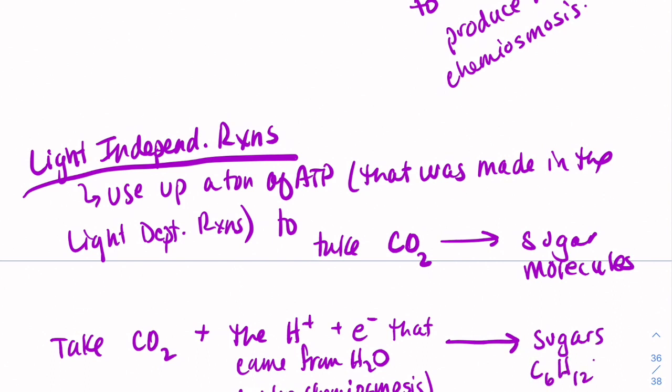Eventually, C6H12O6 can be formed. But sometimes they're just even smaller sugars than that. But for the sake of this class, we're going to stick with that.